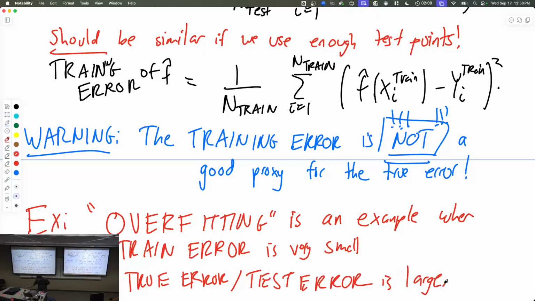So overfitting is one particular situation where the training error is very small and the other ones are large, which is an example of where this principle is happening.